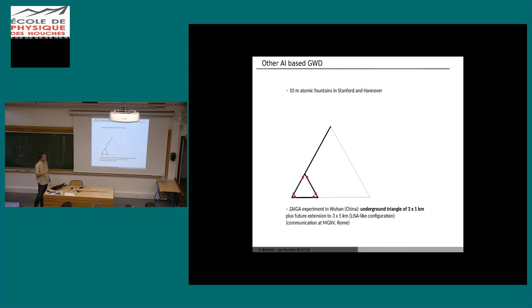It will be an underground triangle of 1 kilometer at the beginning, but later of 3 kilometers, starting at the end of this year or beginning of next year. They are already financed to make the first triangle and this exploratory 2 more kilometer gallery. And so there is competition, which is good.